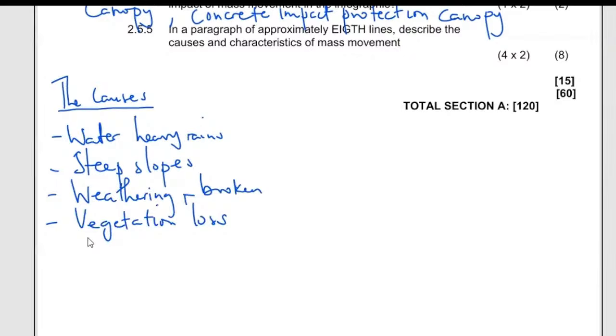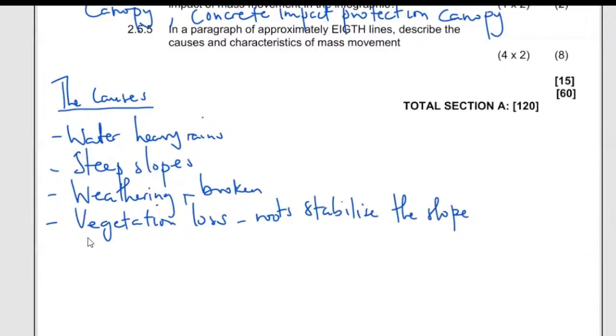Why are we talking about vegetation? We look at vegetation roots. Vegetation roots are essential for stabilizing the slope. They bind material on the slopes. So if we remove vegetation, it means we are destabilizing the balance there.